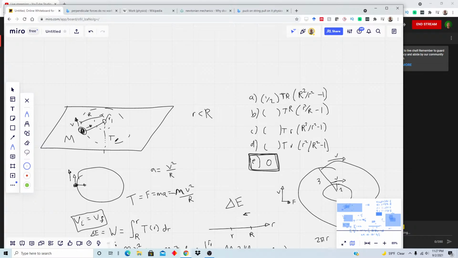Because there's a force being applied over a distance if you were to pull it in. That almost leads me to believe it wouldn't be 0. Because what if you did pull it in, right?